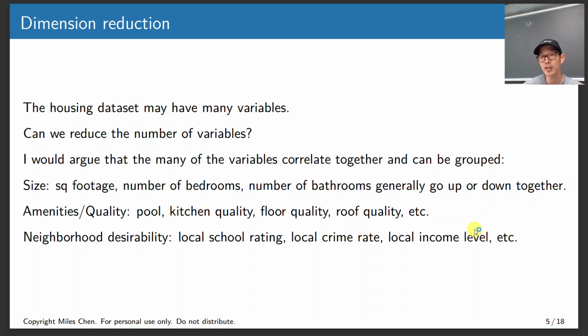Another could be the amenities or the quality. Is there a pool? How nice is the place, basically? Does it look new or does it look old? Things like that. And the last one would be the location and the desirability of that neighborhood, or something like that.